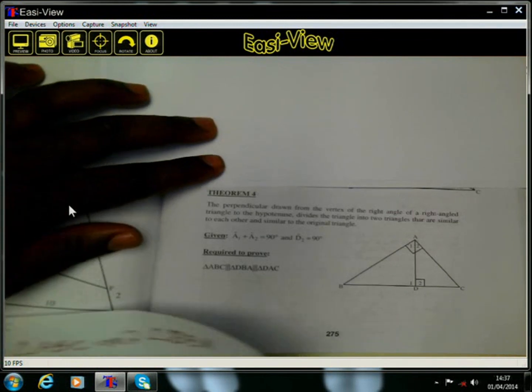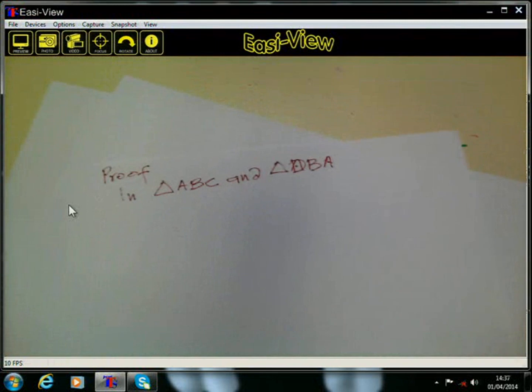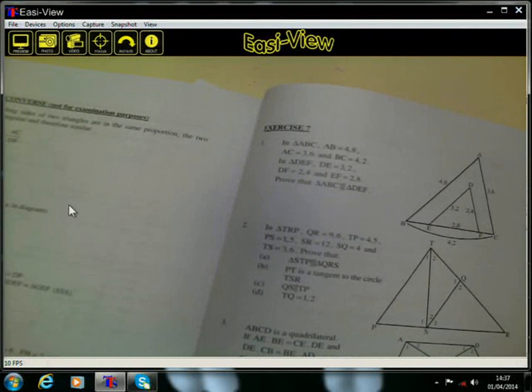Let's check what it is that we are provided with in those two triangles that we can use to prove the similarity of the two triangles. Fine. In the bigger triangle ABC, maybe I should not remove this so that we are always looking at it.